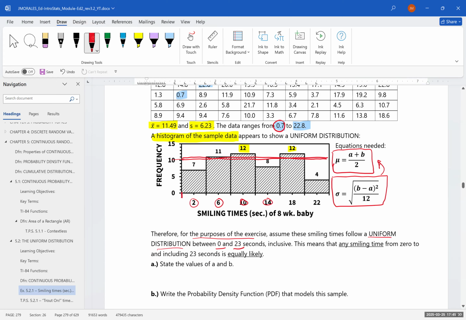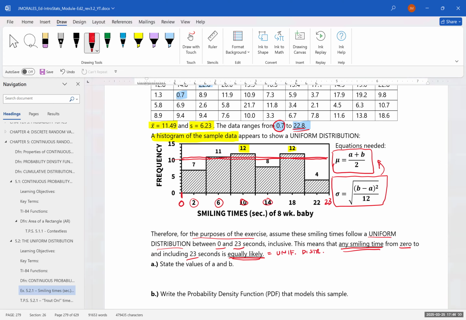We're going to start from 0 seconds here. And it went up to 22.8. We're going to go up to 23 to make things simple. What this means is that any smiling time between 0 and 23 seconds is equally likely. And it's equally likely because this is a uniform distribution.